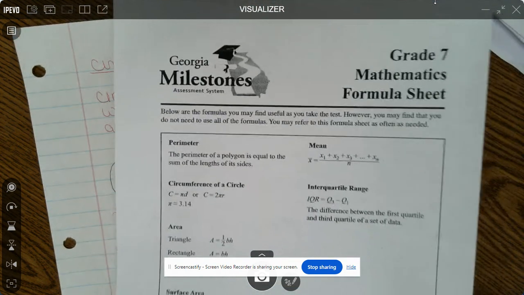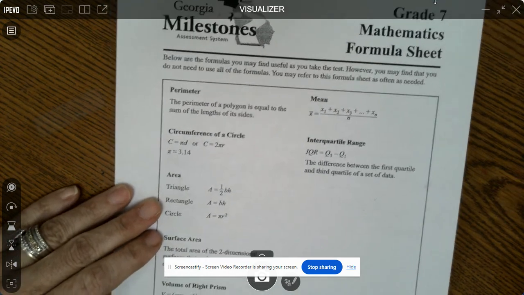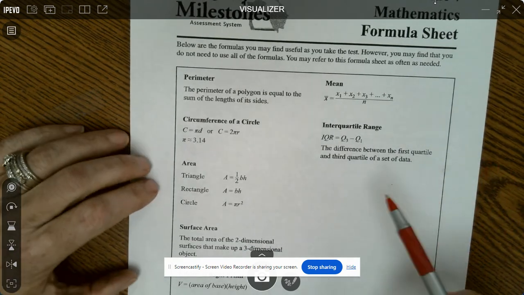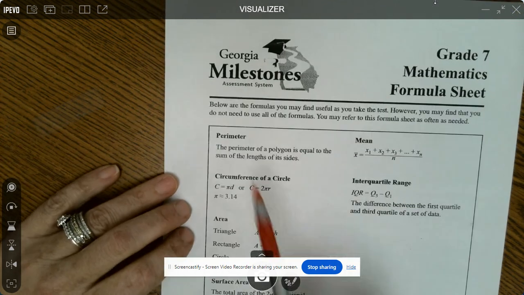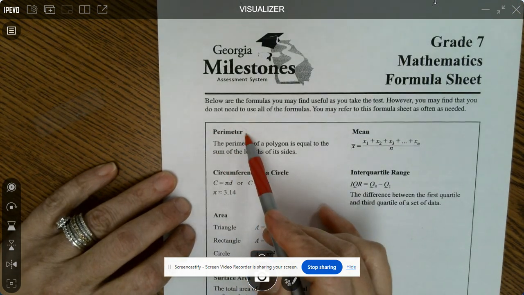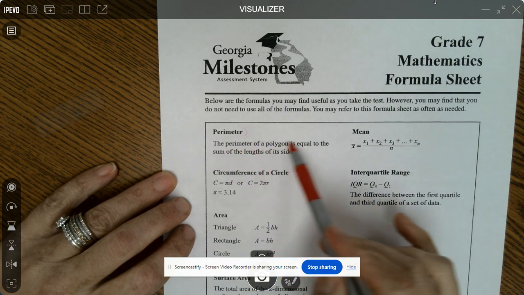So look over here at your formula sheet. We're going to slowly start working into this formula sheet, but you need to know this stuff inside and out. The perimeter is going to be for your rectangles and your squares, and that's simply adding all your sides together.